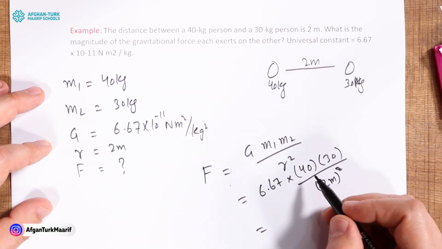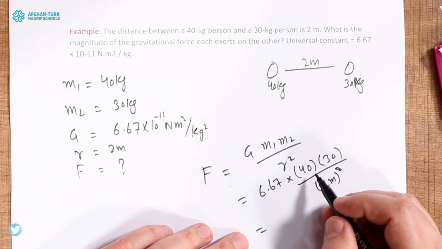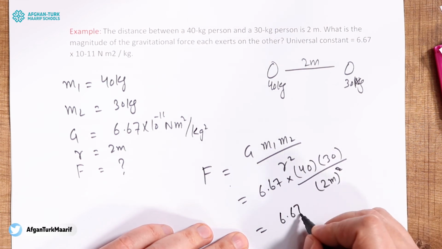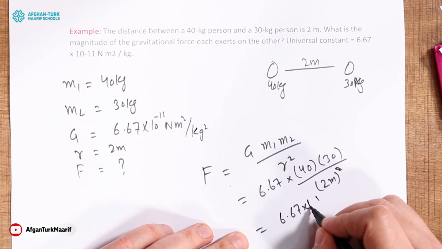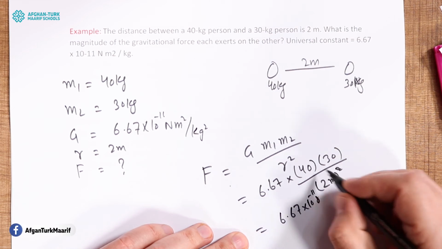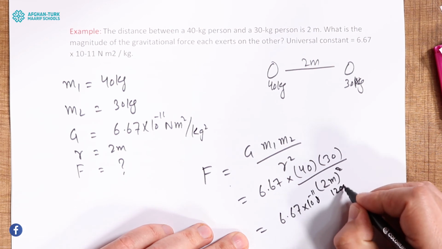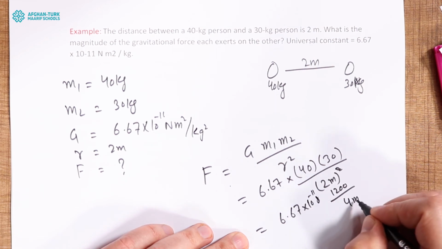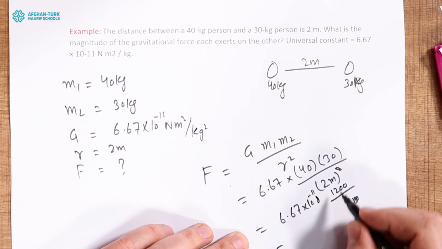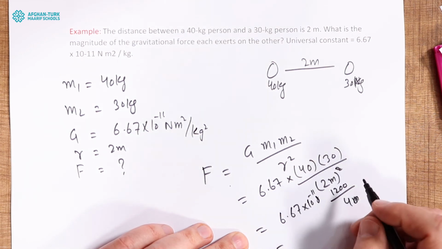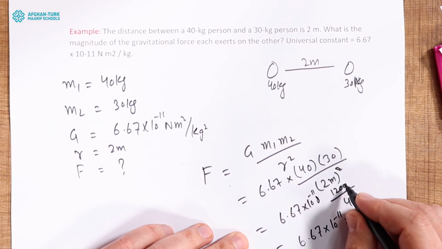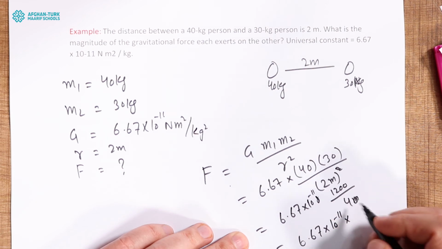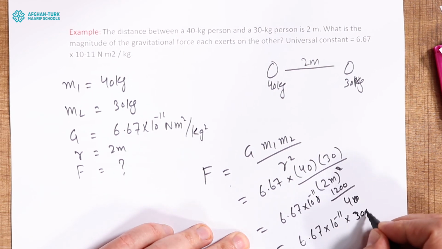Now if we multiply the values, this is 6.67 × 10^-11 times 40 multiplied by 30, which is equal to 1200, divided by 4 meters squared. Now if we divide 1200 by 4, this is equal to 300.